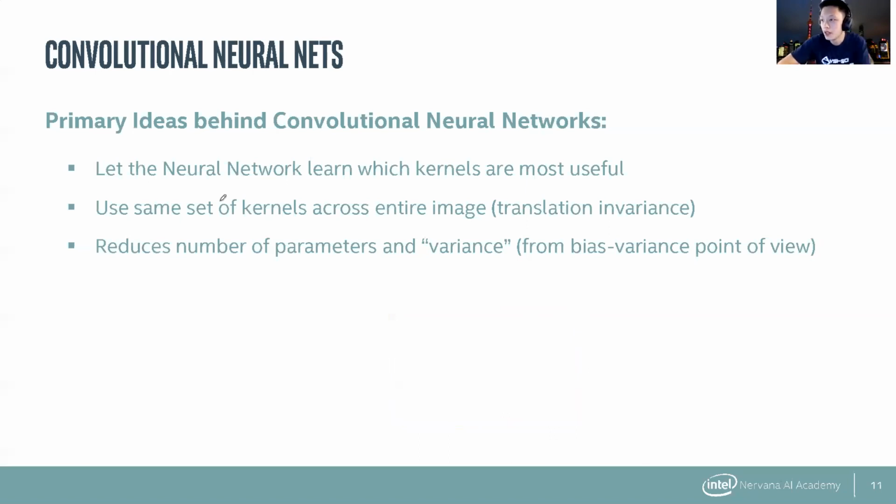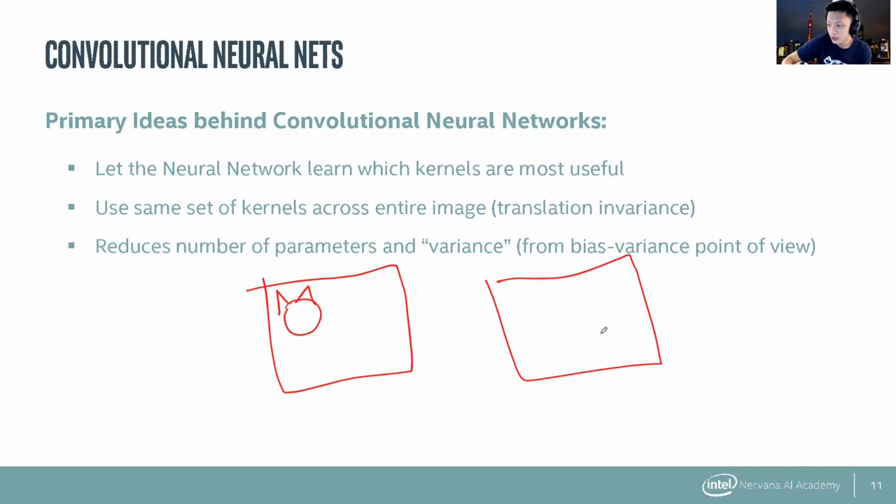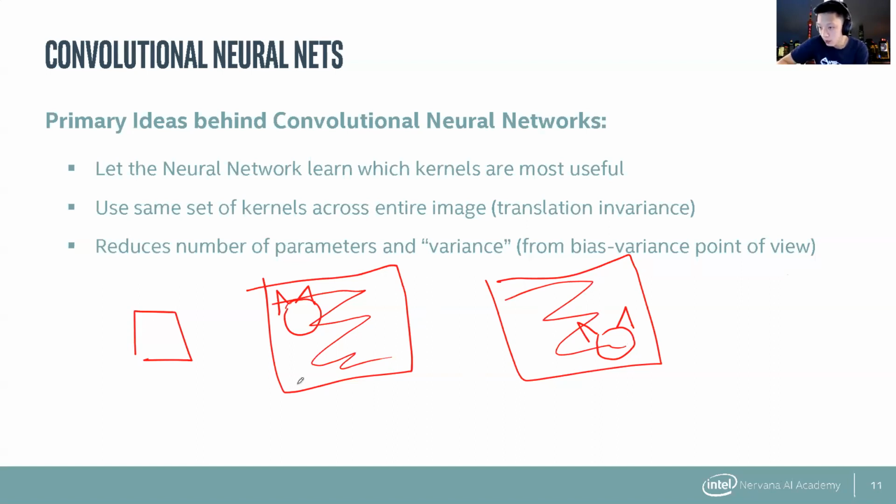So some of the things that I wanted to bring up here is that when you have these kernels and you slap them on and then you move them across the entire image, we start to see promising patterns, which is these two images will get similar outputs. Because if you take the same filter and move it around this image, and move it around that image, at a certain point you will get the same convolution between this cat thing and this cat thing.